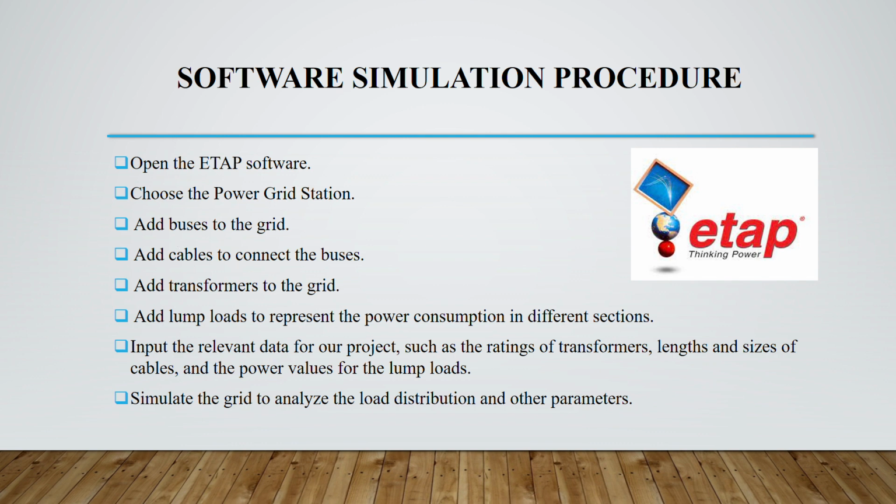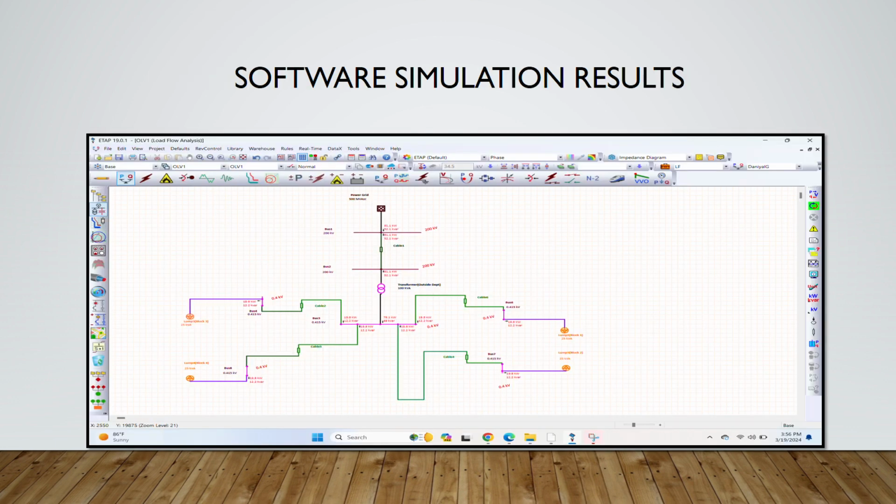This picture shows the software simulation results. Here it is the power grid, then buses, then cables, then transformer, then buses. Then it can be divided into four sections. Section 1: lump load 1, lump load 2, lump load 3, lump load 4.